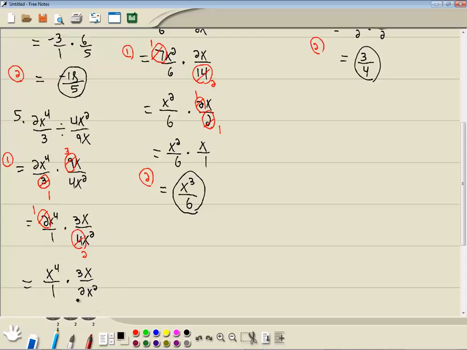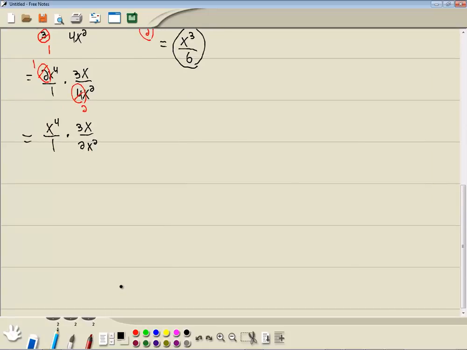Now there's nothing else we can do number-wise, so let's look at the x's. And probably it's just as easy to go ahead and do step 2 of multiplying fractions together. So up on top we'll multiply the top parts together. We've got a 3, here we've got 4 x's, here we've got 1 x, so we've got 5 x's. And down below we've got 1 times 2, so 2, and then the x squared.